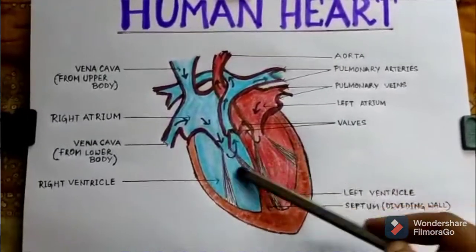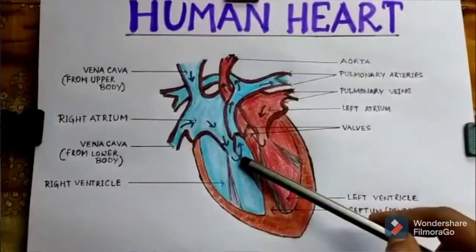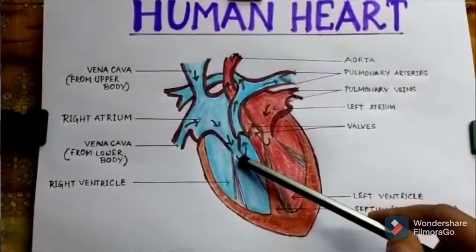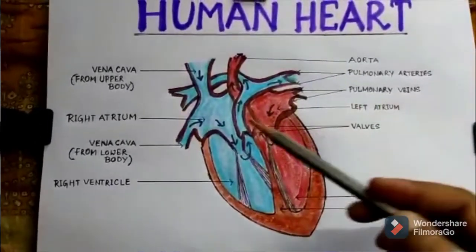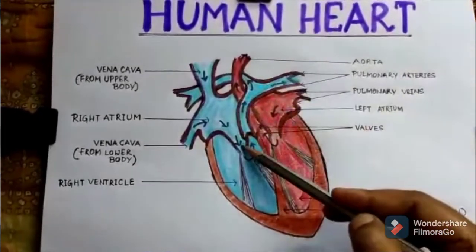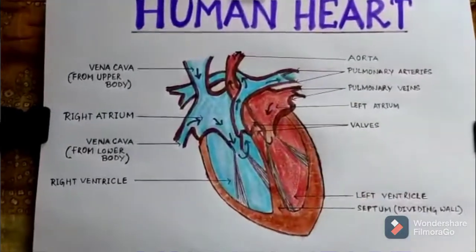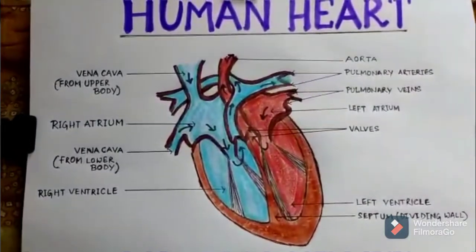Both of these bloods come to the heart simultaneously. Okay, clear? Again, since deoxygenated blood and oxygenated blood come at a time, meaning twice the blood is coming, this is referred to as double circulation.